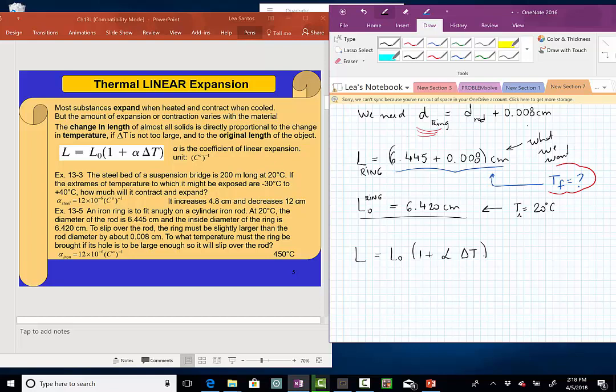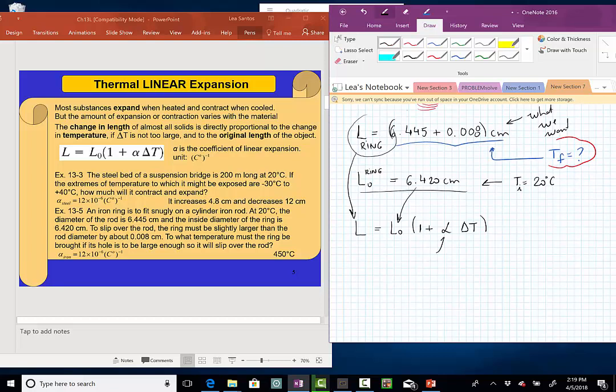Okay, final is this L of the ring here. So this is what we have to put in the place of L. Initial is this initial one here. Alpha, well, we are talking about iron, and the problem gives us what this alpha is. So I have to substitute this value, 12 times 10 to the minus 6, right?